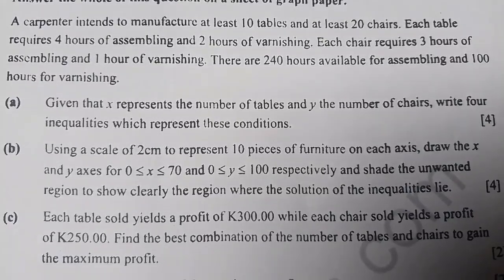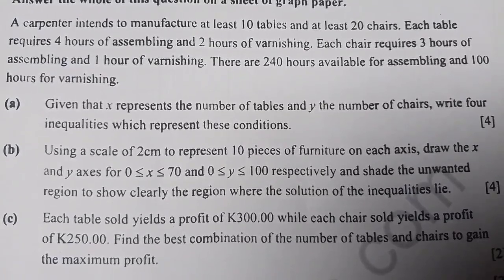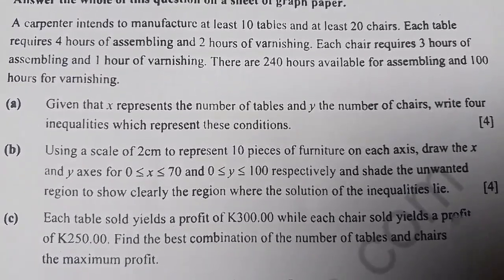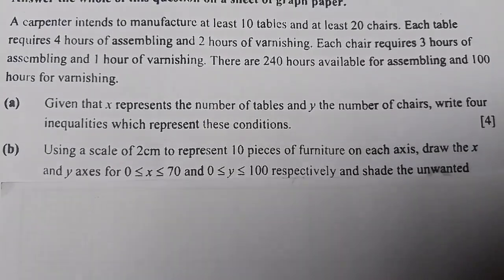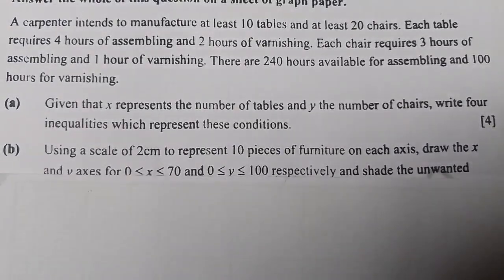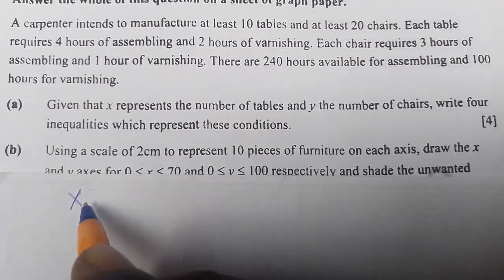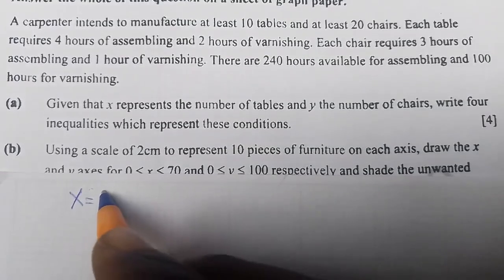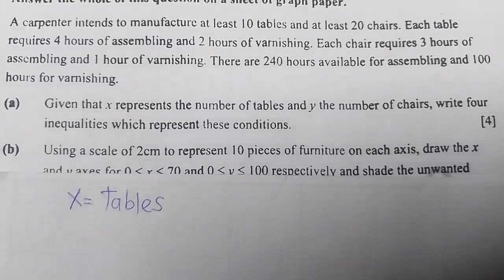One thing you need to do before you write these inequalities, one thing you need to consider is what this means. You put a simple data there. In the question, you are told that X is representing what? X is representing tables. You put a simple table there.